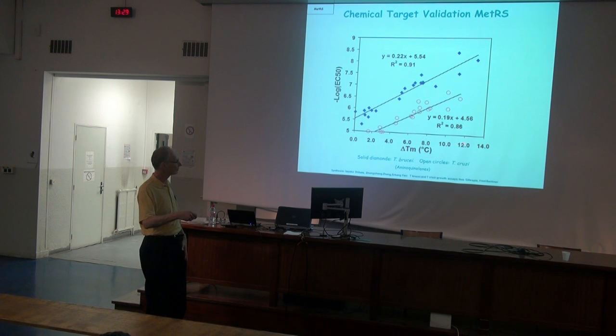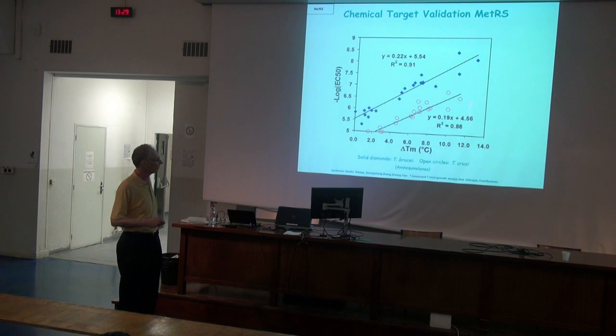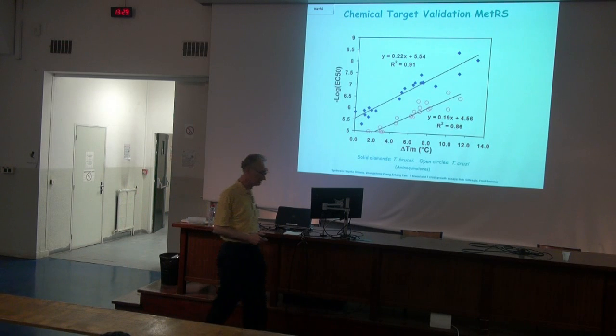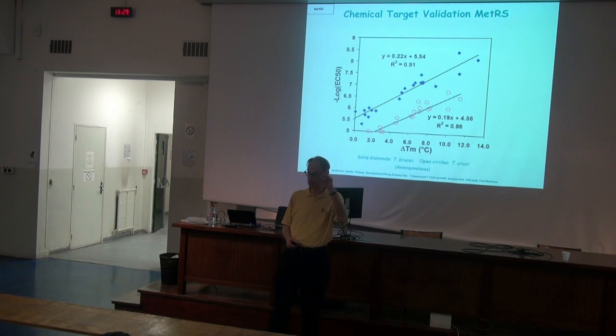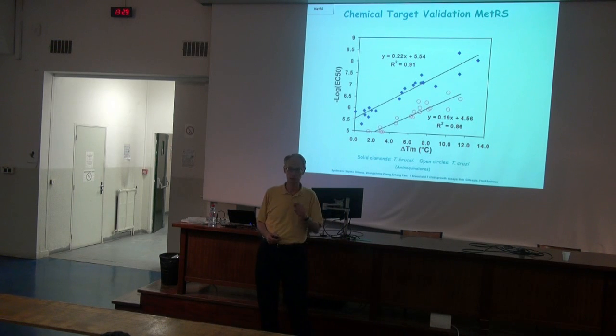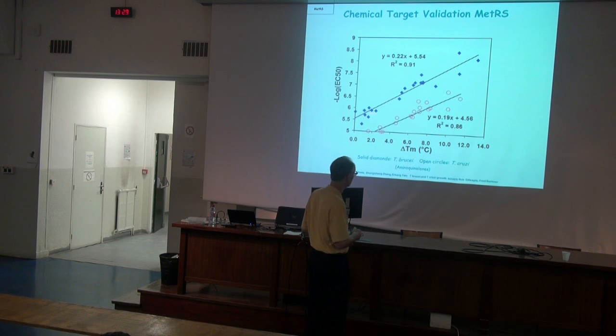So here's about a 12-degree increase in melting temperature. And this is a very low shift. And you see, this is the effect on the parasite. So there is a tremendous correlation with an R squared of 0.91, and that was sufficient for a good study section at NIH to give us money, you see? So that is very solid data.